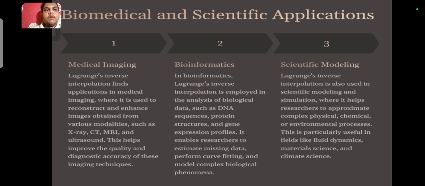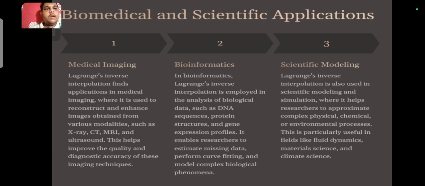Bioinformatics. In bioinformatics, Lagrange inverse interpolation is employed in the analysis of biological data such as DNA sequences, protein structures, and gene expression profiles. It enables researchers to estimate missing data, perform curve fitting, and model complex biological phenomena.